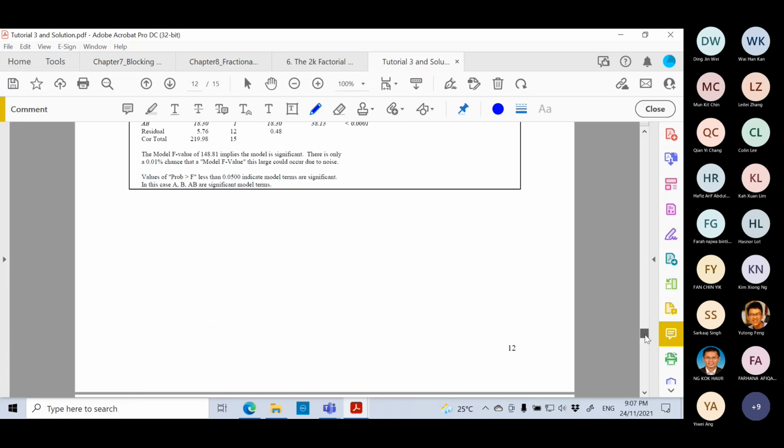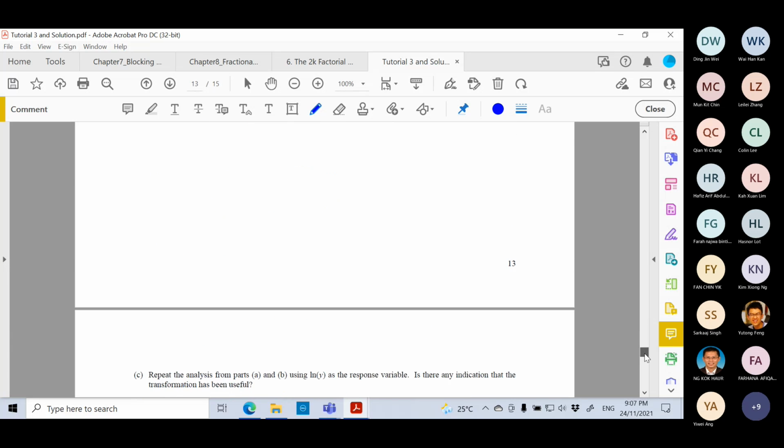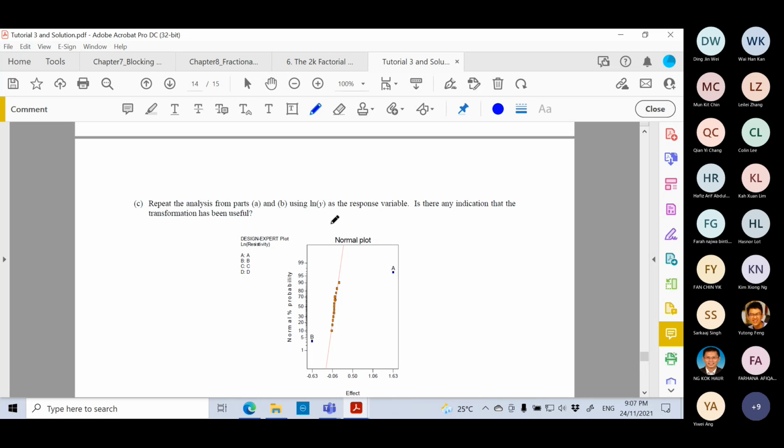Okay. So because of this, we can transform it. Normally the log will be very useful for transforming the values. Okay, the log transformation. Of course, this is not the only transformation; you can use other transformations.